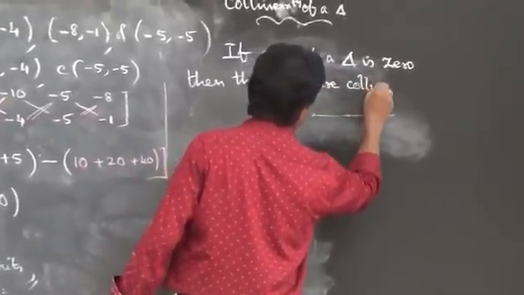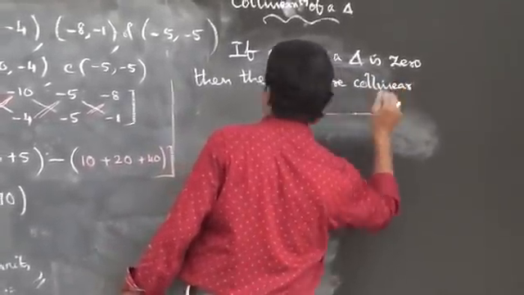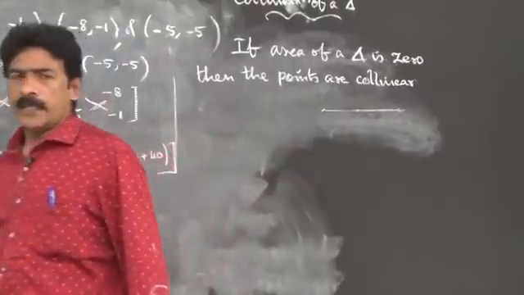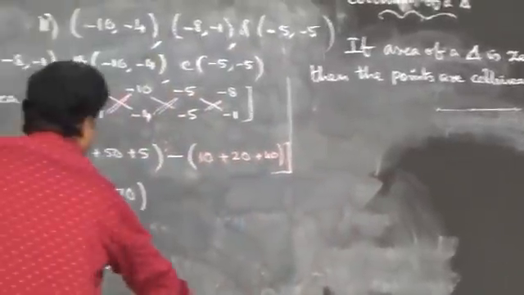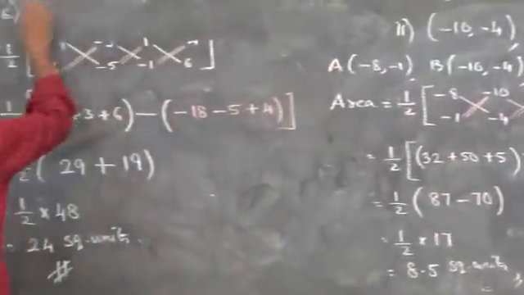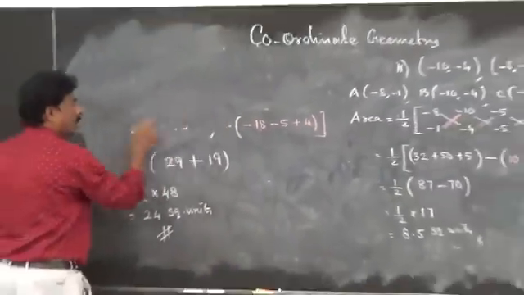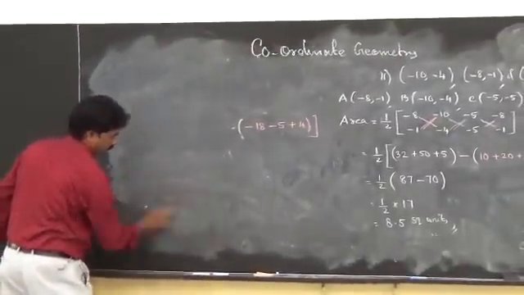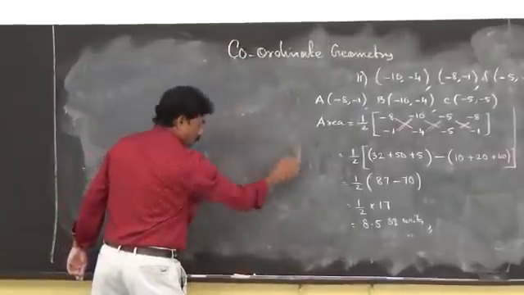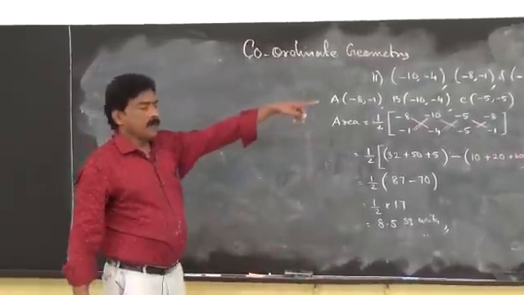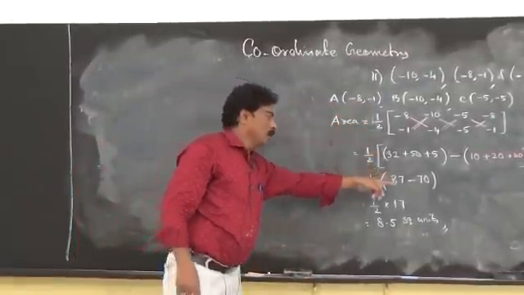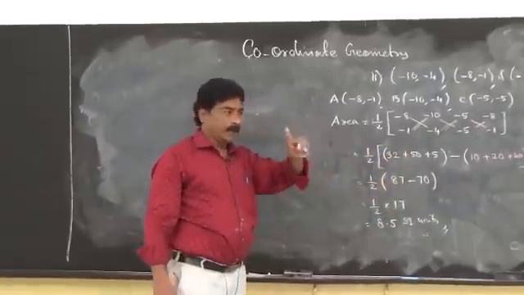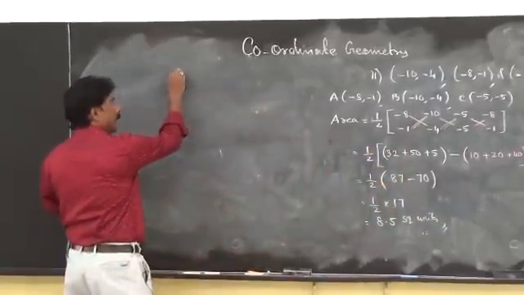So what is the condition for collinear? Find the area of the triangle. If the area is 0, then the points are collinear. To find whether the points are collinear or not, we need not draw a graph. I repeat, one needs to find the area.